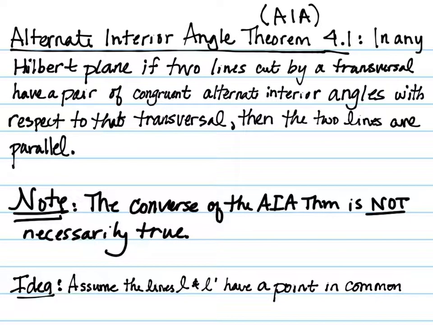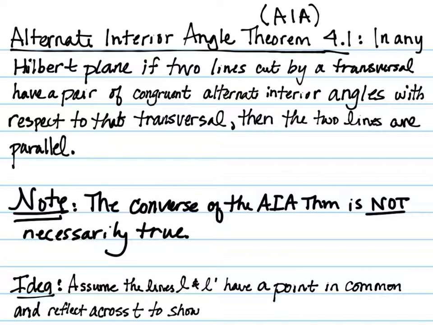And then we're going to actually reflect that point. So we're going to reflect across the line that's transversal, so reflect across T, to show they have 2 points in common. That's no good.